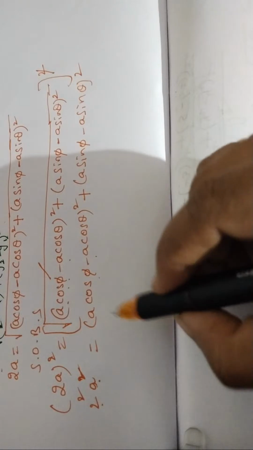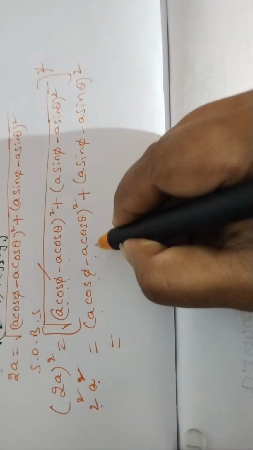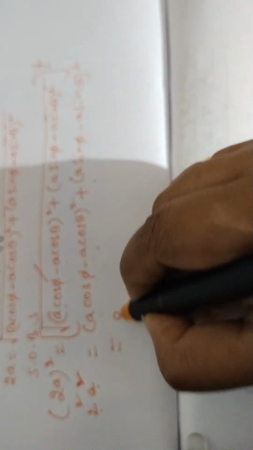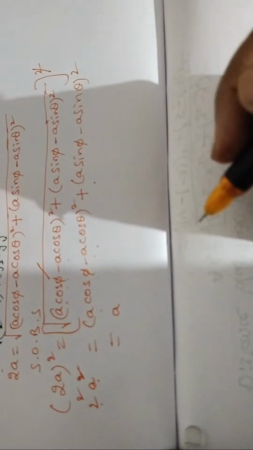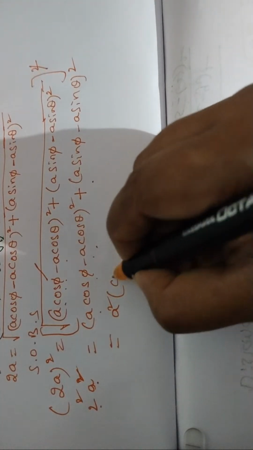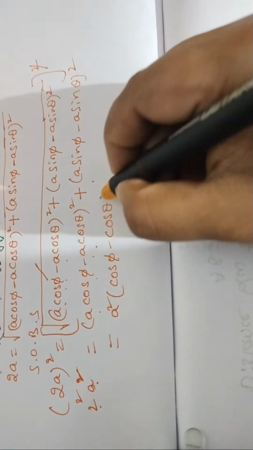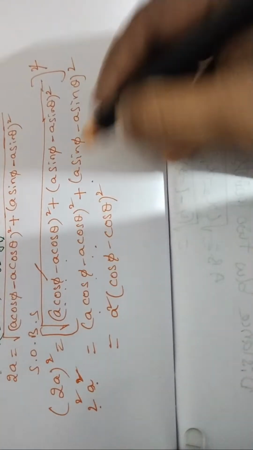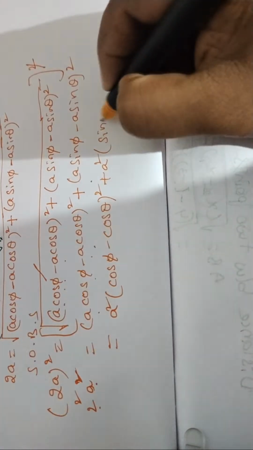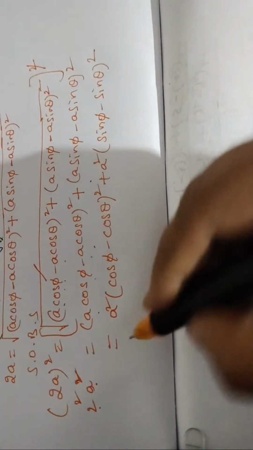And if we take common, here a is there, here also a is there. Take a square common. Then remaining is cos phi minus cos theta whole square. Here also I'll take a square common, then sin phi minus sin theta whole square.